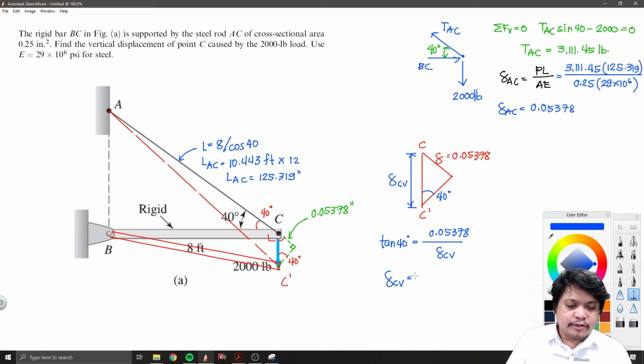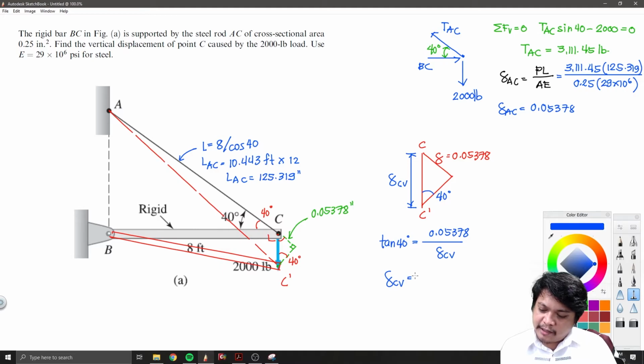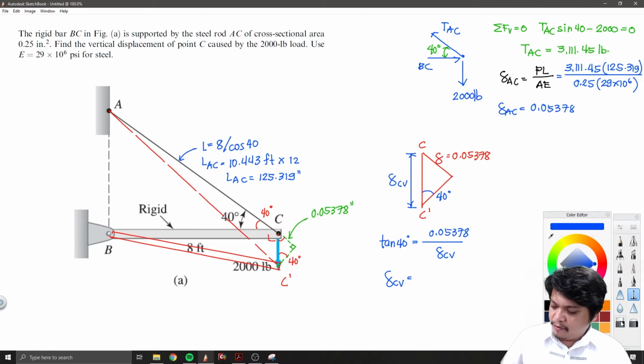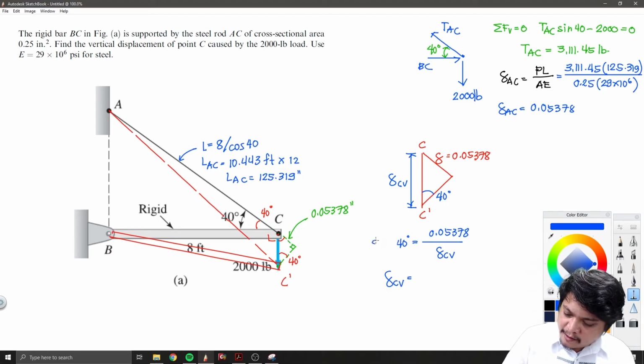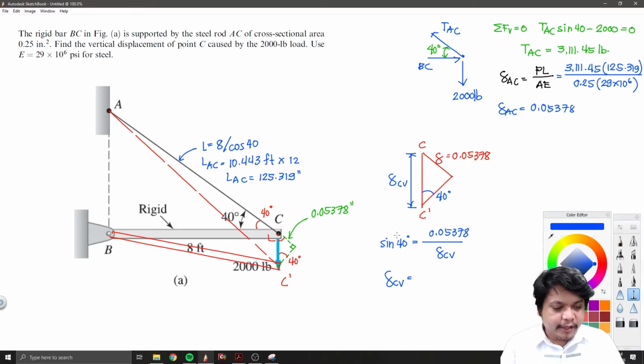Sorry, that's not tangent. This should be sine. It should be sine of 40.